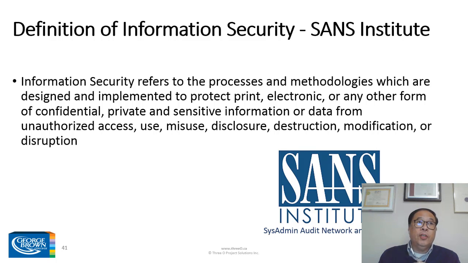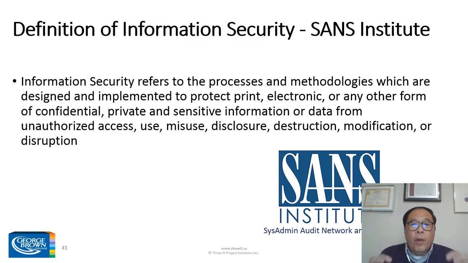So this definition is good in a way that it shows you the vulnerability, the threat, and the risk of protecting information. First, the information we are talking about is confidential, private, and sensitive information. There is information that is considered public that we don't really have to worry about too much. But if it is not public information, it falls into the category of confidential, private, and sensitive.